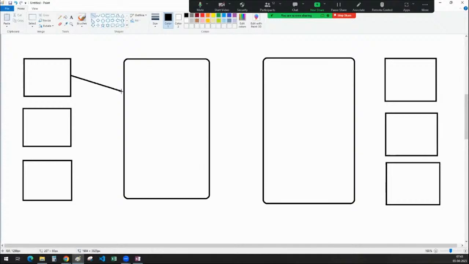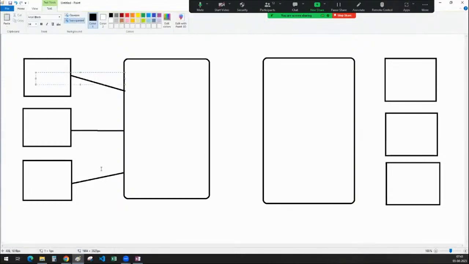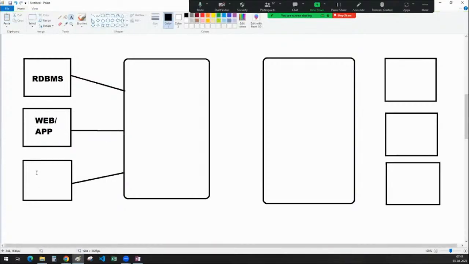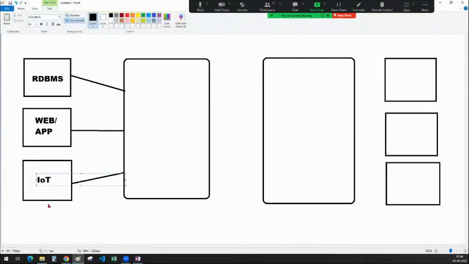If I wanted you to understand clearly, here data will be first ingested into the data lake. So here it can be an RDBMS. It can be a web server or an application, guys. Or it can be a CSV file from an application, or IoT data from an IoT application.